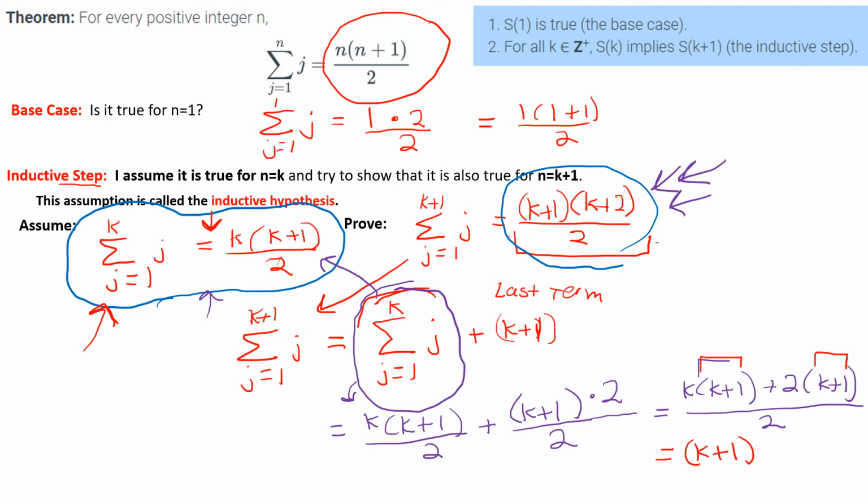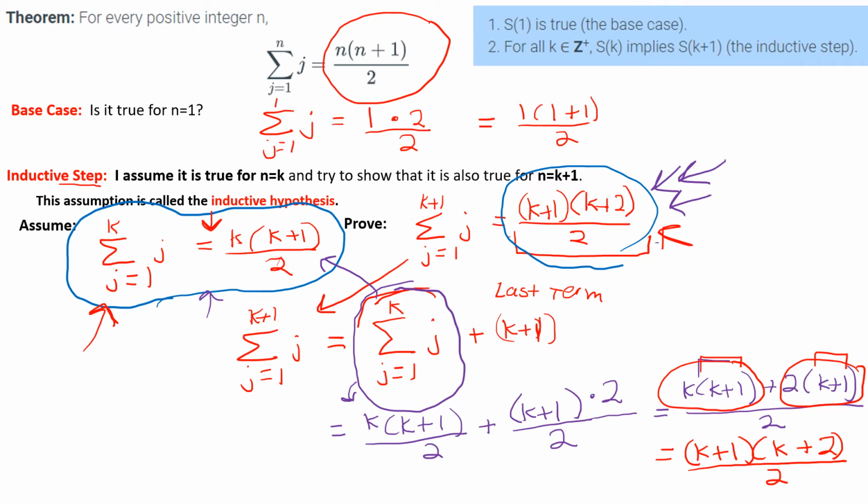What do we have? For this first term, once we factor out a k plus 1, I'm left with a k. For the second term, once I factor out the k plus 1, I'm left with a 2. So I have k plus 2, and that is all over 2. And guess what? That is exactly what we were trying to prove.